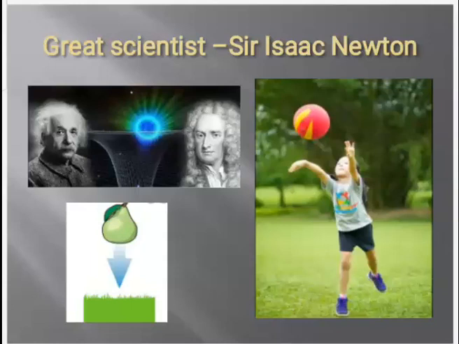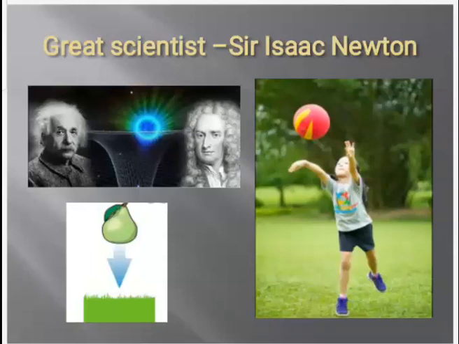It tells of the many scientific discoveries that brought about important changes in human civilization and of the scientists who made those discoveries. For example, Sir Isaac Newton discovered the gravitational force of the earth. Because of him, we understood that whatever we throw upwards falls on the ground.